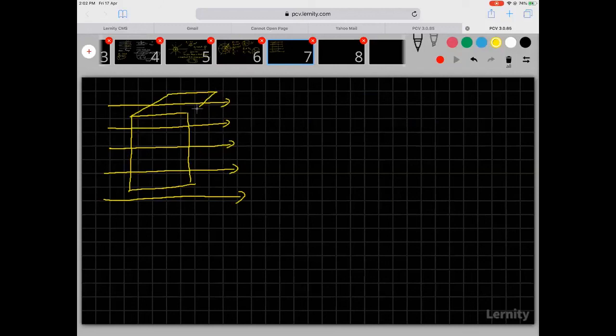My question to you is, let's try to find out what is the flux through this cube.